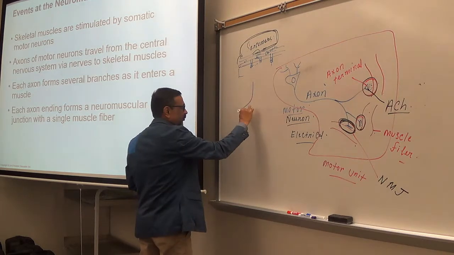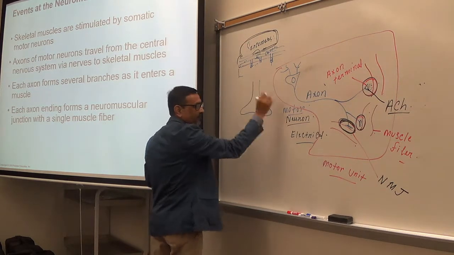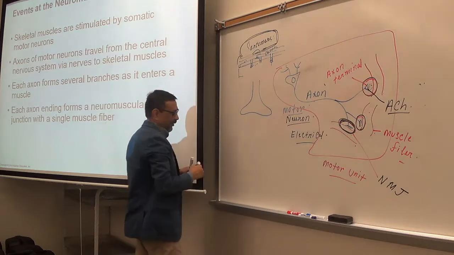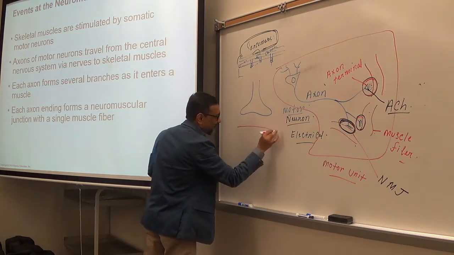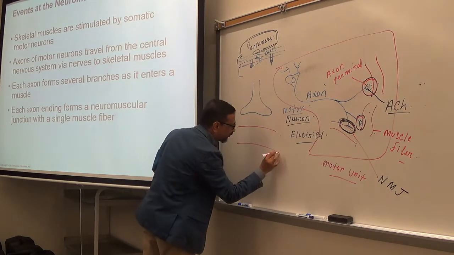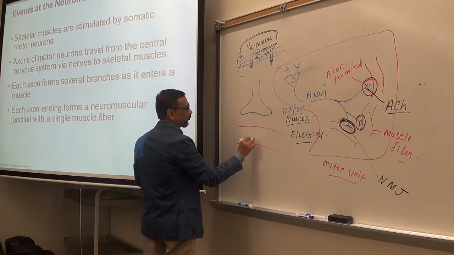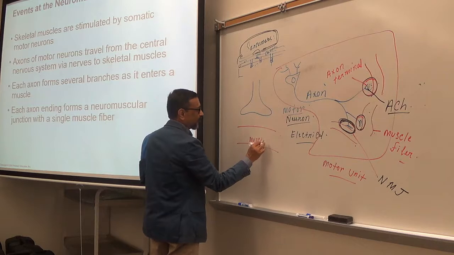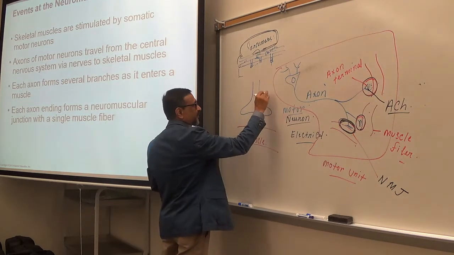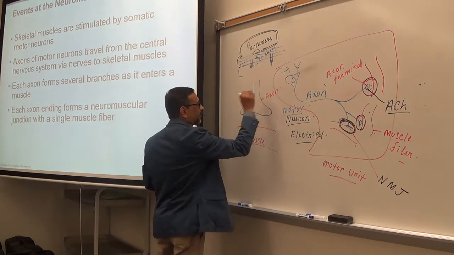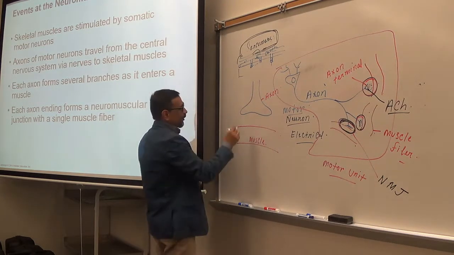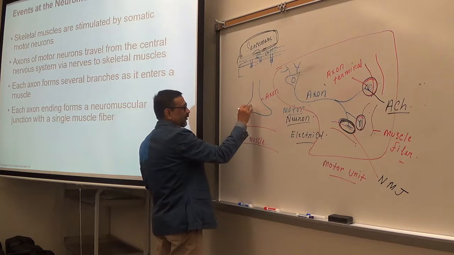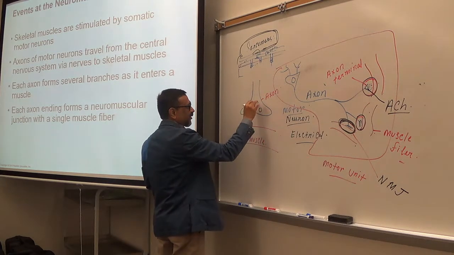So this is the axon terminal, this part, and this is the muscle fiber. Muscle, and this is axon terminal. Inside the axon terminal, you have vesicles.